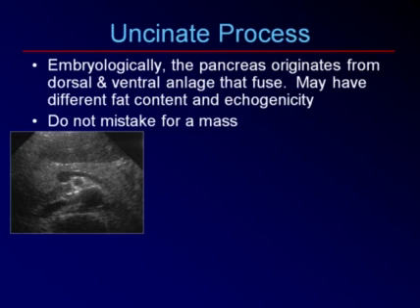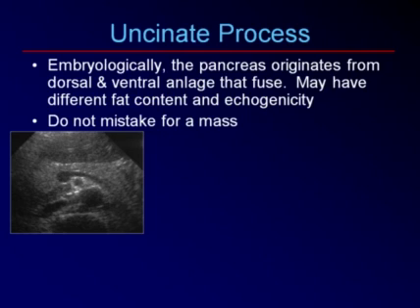One other thing you should know about the pancreas is that there can be two shades of echogenicity in the head. Sometimes you'll see that the most posterior part is a bit hypoechoic. Embryologically, the pancreas originated from fusion of the dorsal and ventral Anlage.